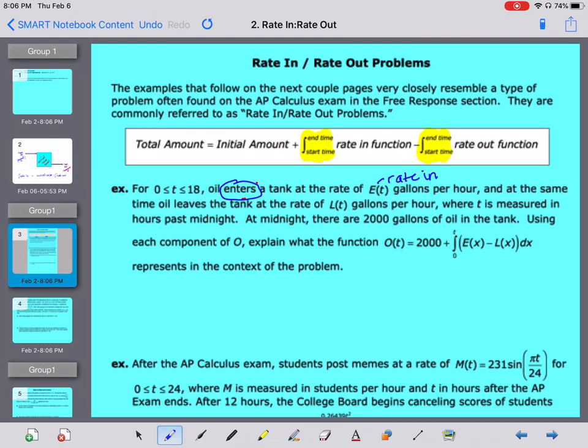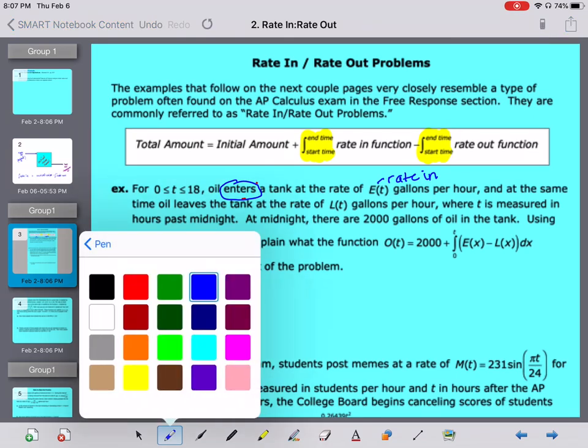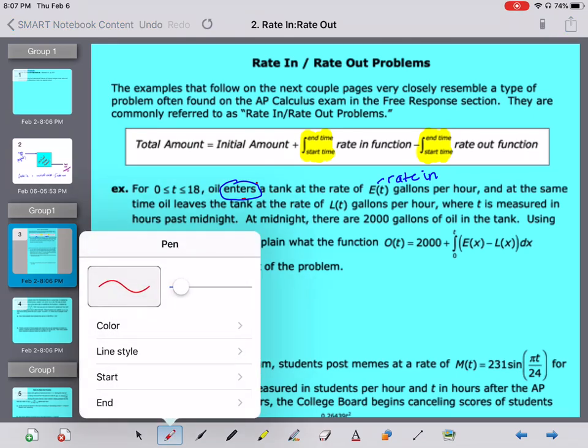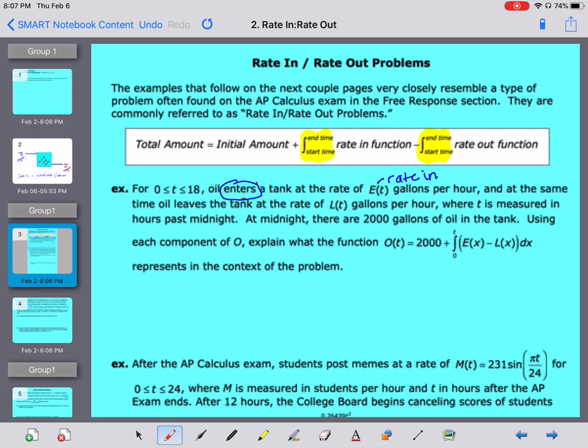We're adding oil into that tank, so it's going into that total. Then it says at the same time, oil leaves the tank at a rate of L of t gallons per hour. Same units, rate of change, and because it's leaving, we call L of t the rate out equation.